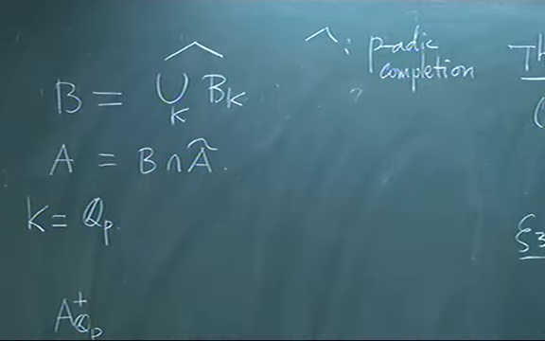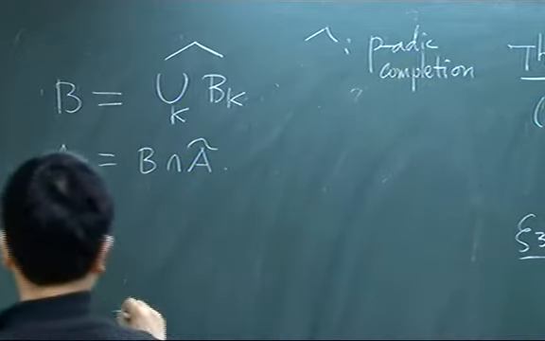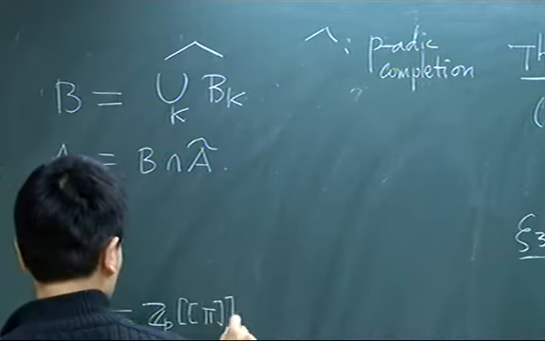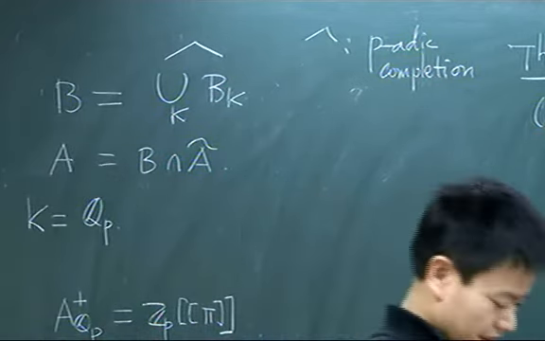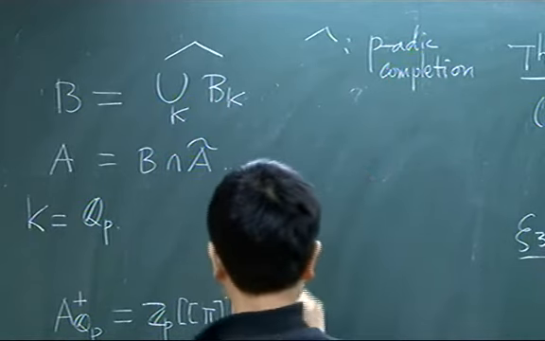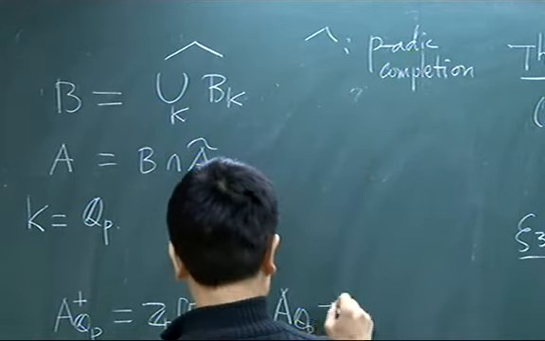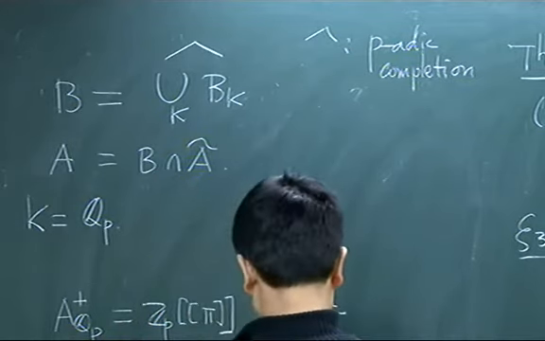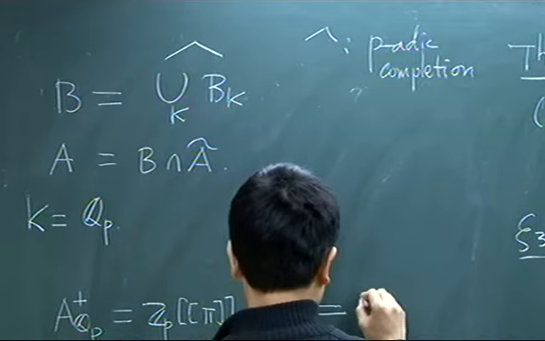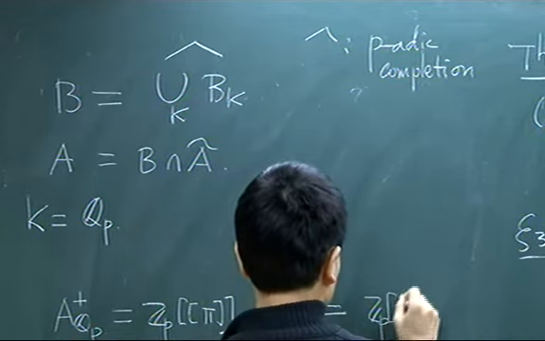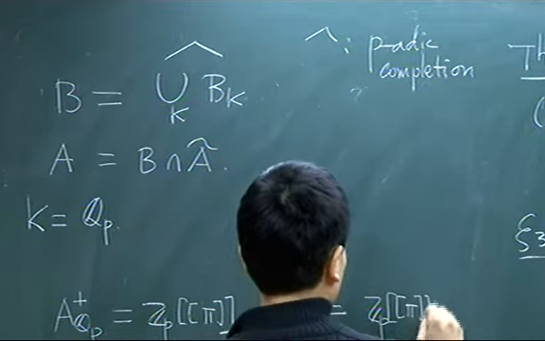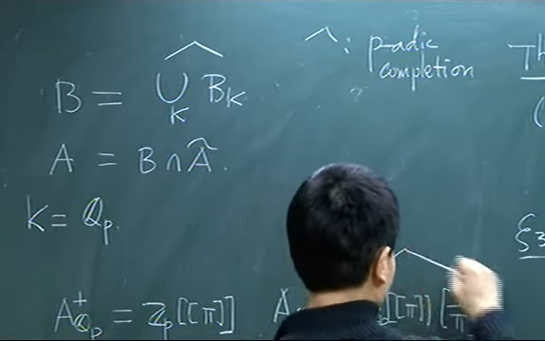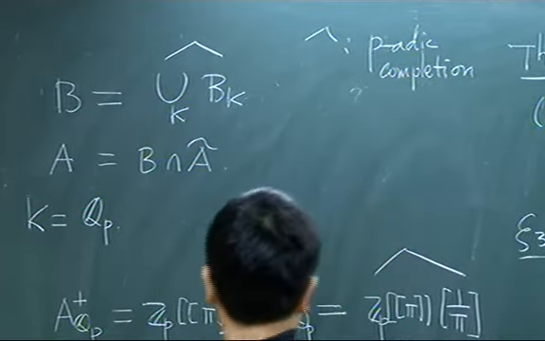So we get AQP plus is nothing but GPT. Okay, you just need the, and what is AQP? AQP is nothing but this. You get GP, and then you get 1 over pi.